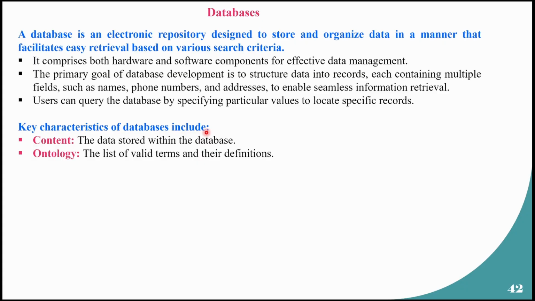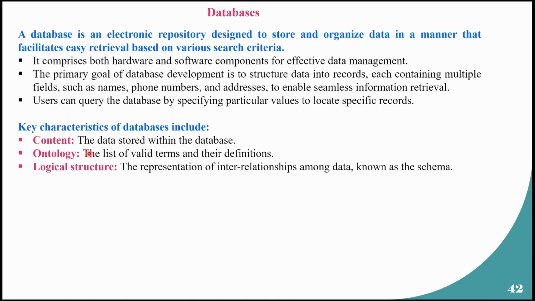Now, there are some terms which are part of this whole database discussion. One is content, which is what is stored in the database, and there is ontology, which is the valid terms and their definitions, the logical structure, also known as schema. So schema is the term that you need to memorize more in this case. That is the interrelations amongst the data, the representation of that.